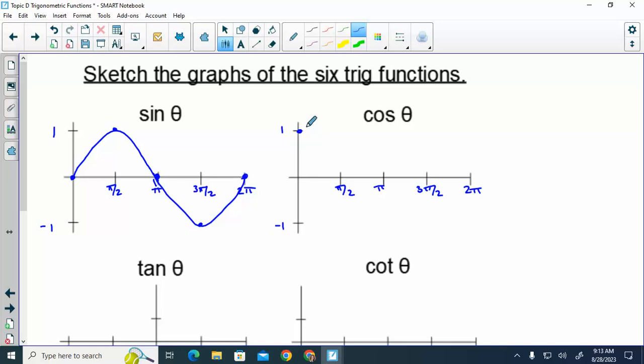So if you did the hand trick, square root of 0 divided by 2 is 0. At pi, down to -1. Back to 0, and up to 1. So sine and cosine are very similar in their graphs.